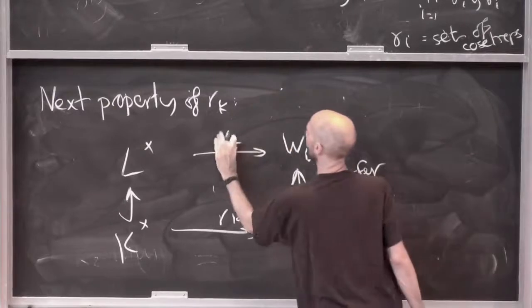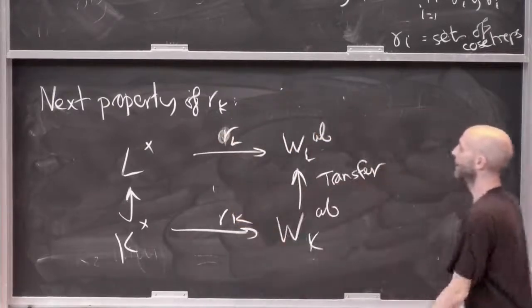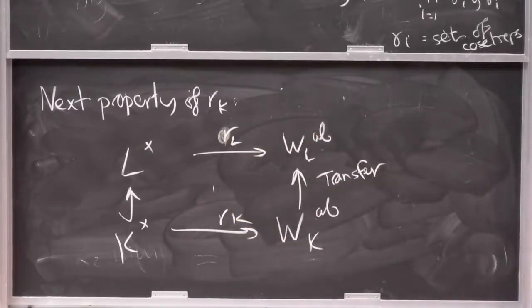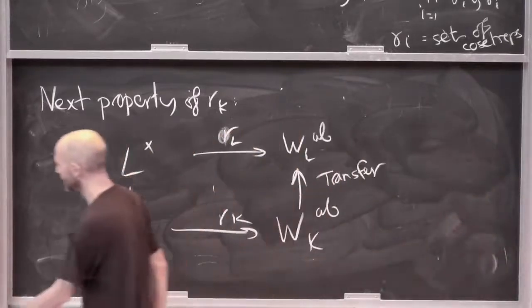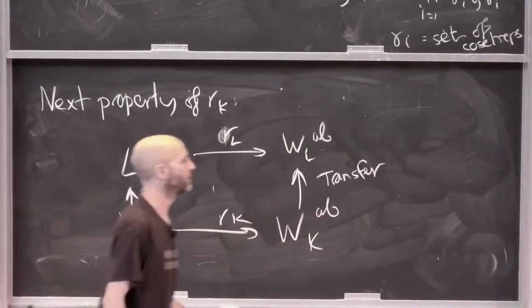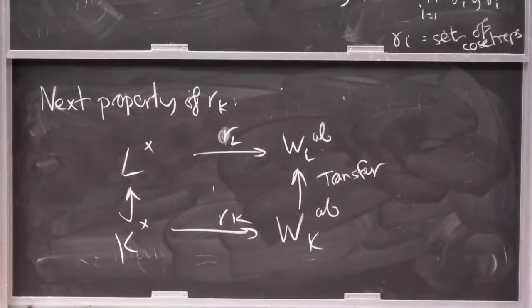RL. And again, this isn't an exercise because you don't know the definition of RK. But basically, what I'm trying to do here is list enough properties of local class field theory that will last you a lifetime. And I think I might have done it. Yeah.